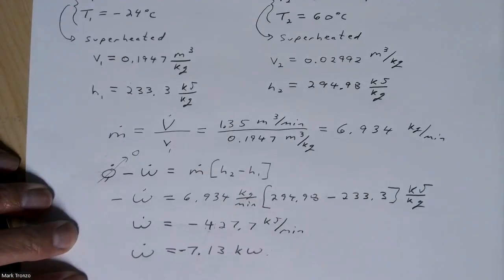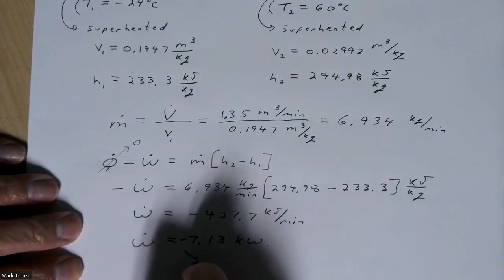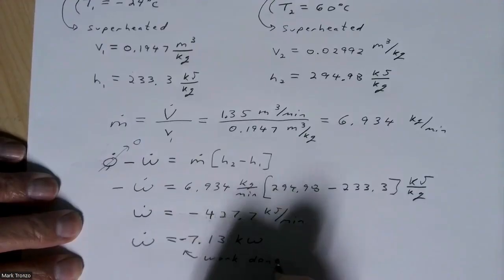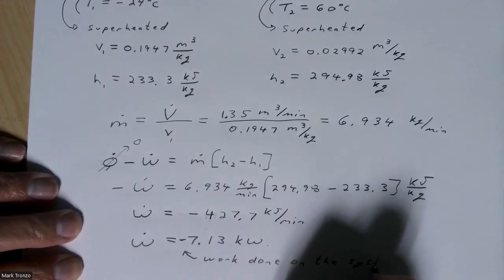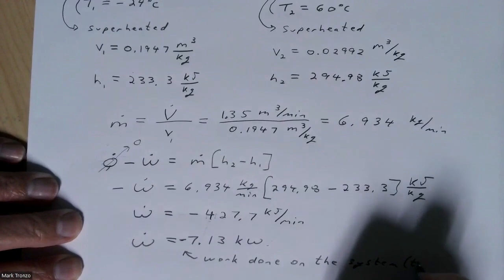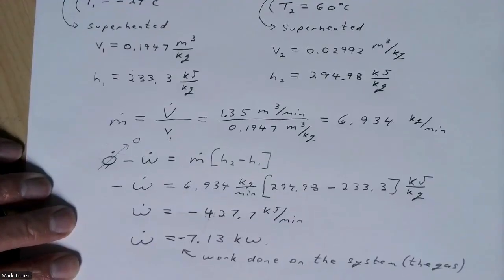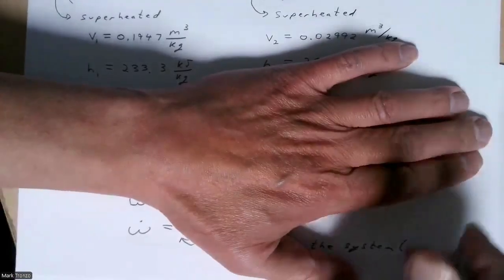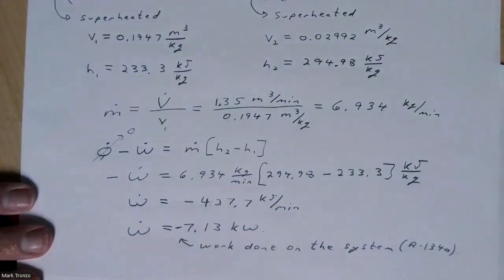And it's negative, which indicates it's work done on the system. And the system would be the gas itself, or in this case, the R134A, like this.